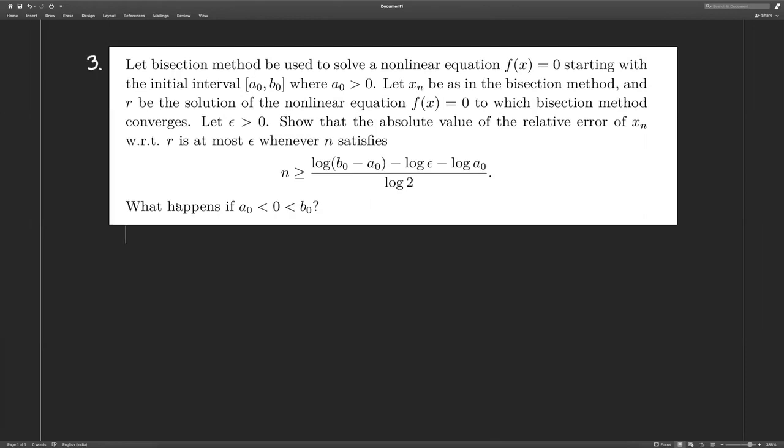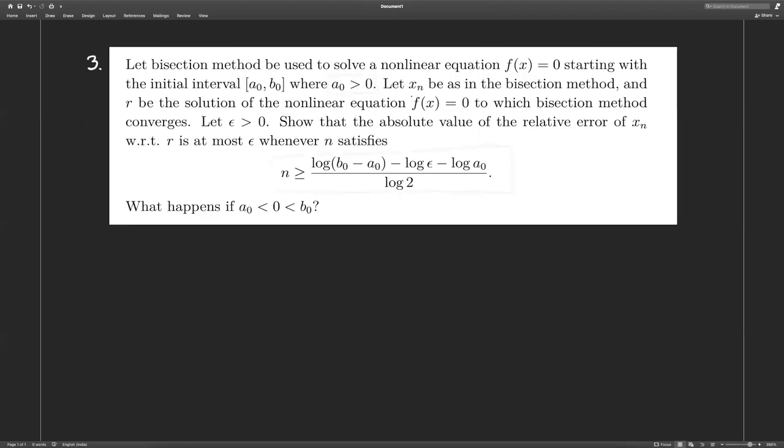The problem says that we have to work with the bisection method to solve a nonlinear equation f(x) = 0, starting with an initial interval [a0, b0] with a0 greater than 0. So that is the key assumption that we have made in this problem.